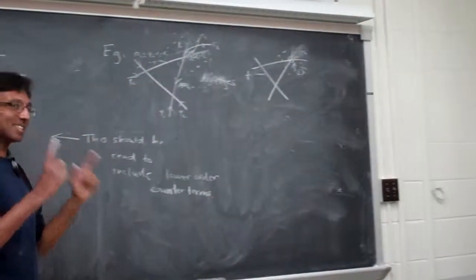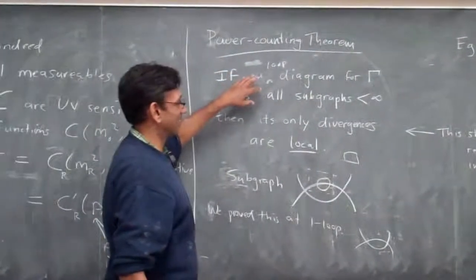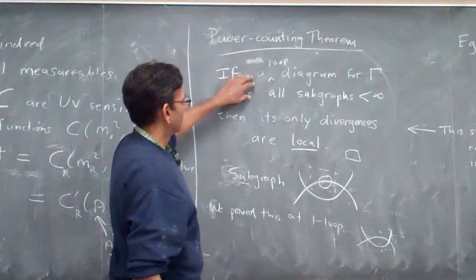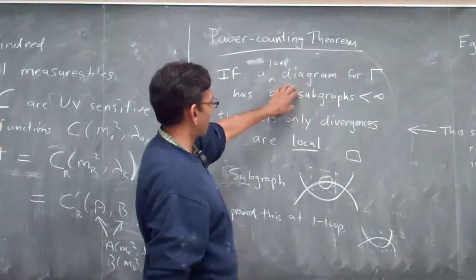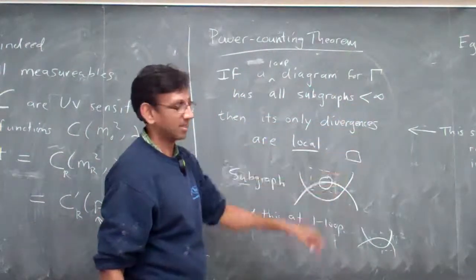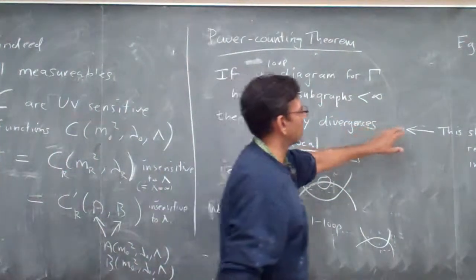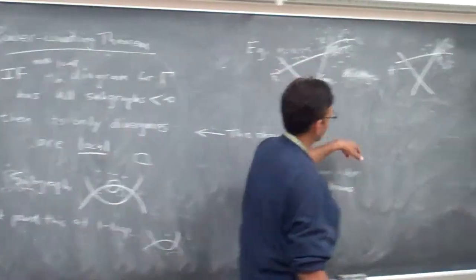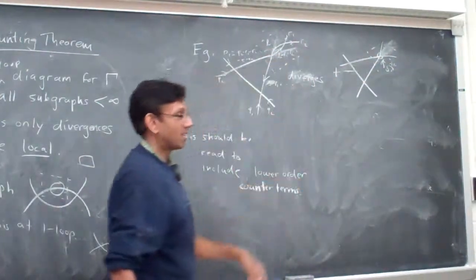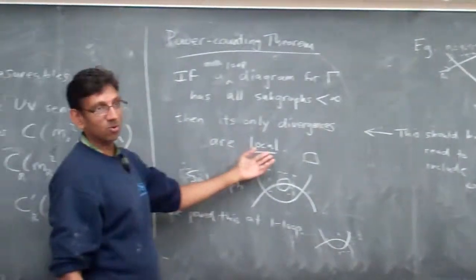It's in that sense that you should read the terms of this theorem, which says that now, in this case, the subgraphs are finite. Then the only divergences that remain by doing the entire graph are local.